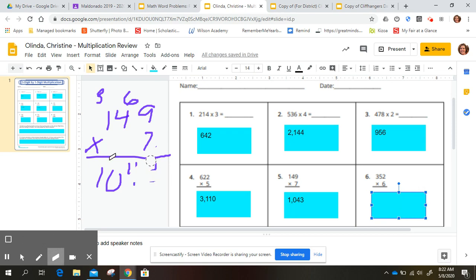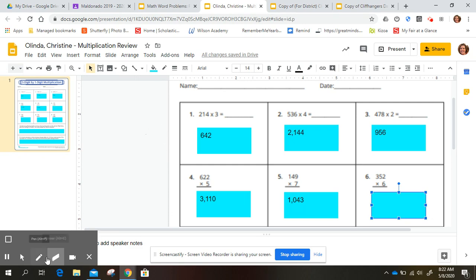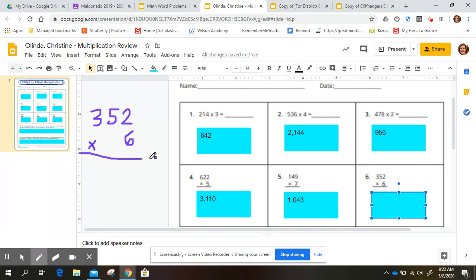And then we have number 6. 352 times 6. So we start in that ones place. 6 times 2 is 12. 6 times 5 is 30, but then we have to add 1.